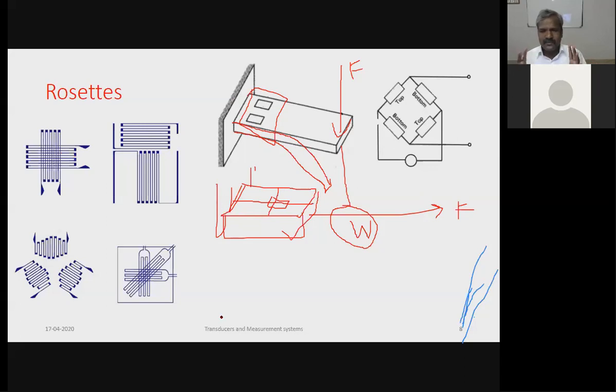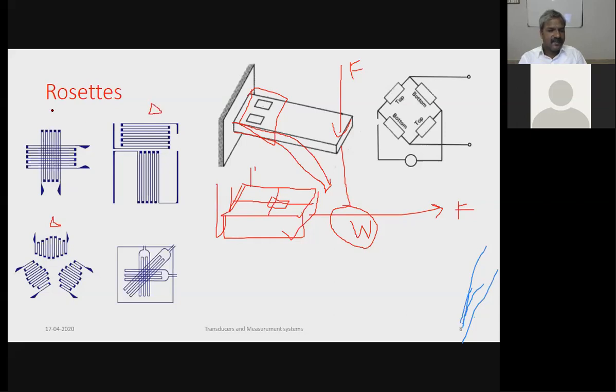So what is the purpose of rosettes? Rosettes are nothing but the combination of 2 or more strain gauges to detect the distributive strain developed in the process, or in the surface. So here, this rectangular strain gauge, this is called delta rosettes. This is rectangular rosettes.